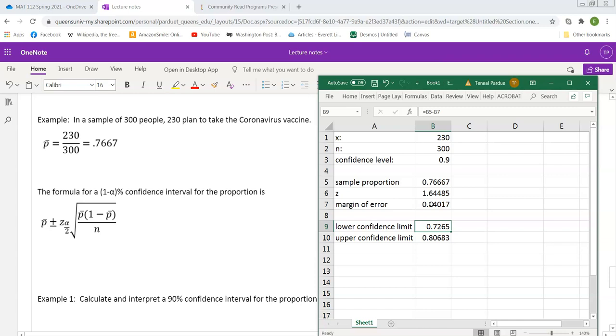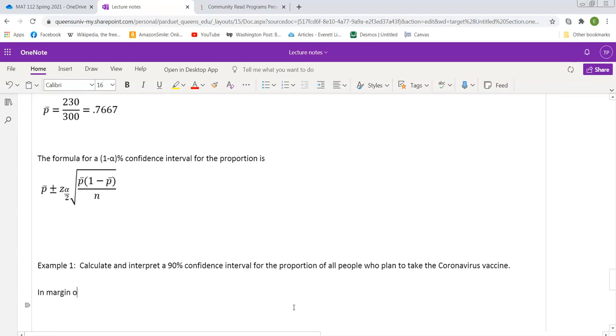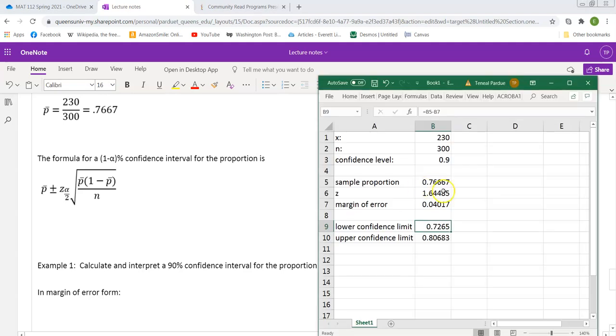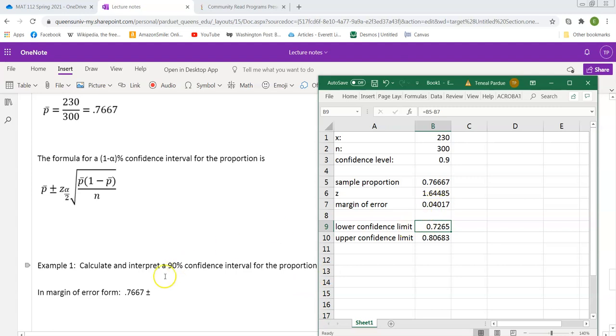All right, so we've got our first answer. So if you're asked to state it in margin of error form, it's going to be 0.7667 plus or minus, and that was 0.0402.